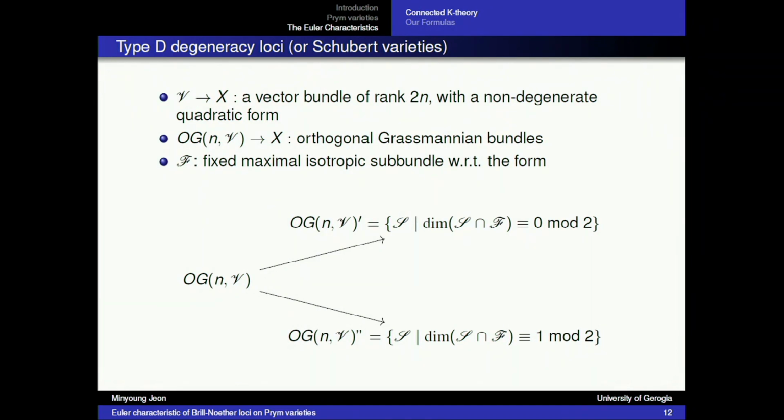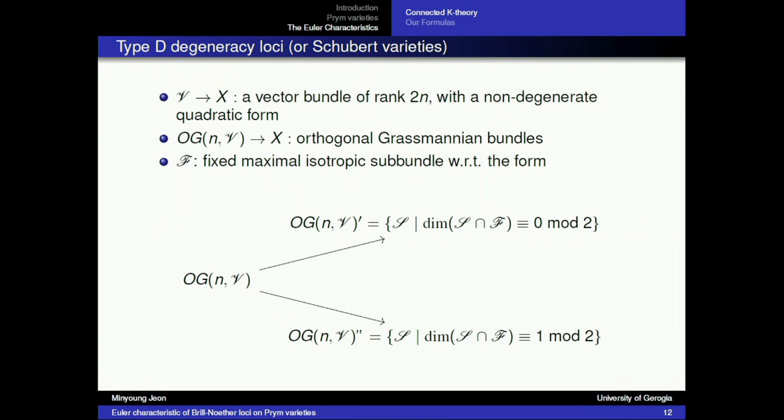So let me define some notations to state the formula in the connected K-theory for the orthogonal Grassmannian Schubert varieties, or degeneracy loci in type D. So here, this is a general theory.